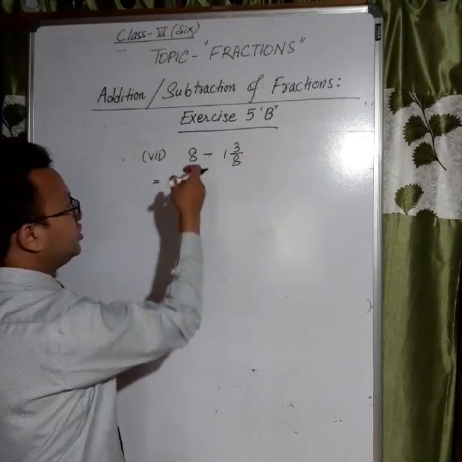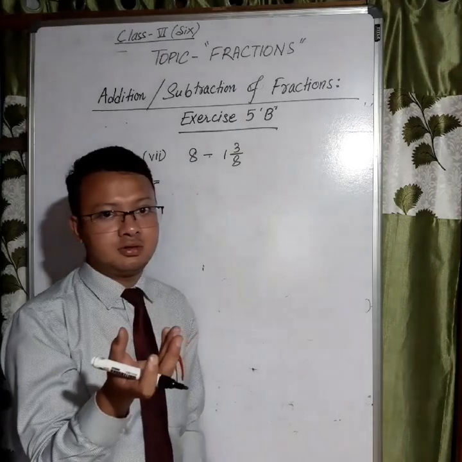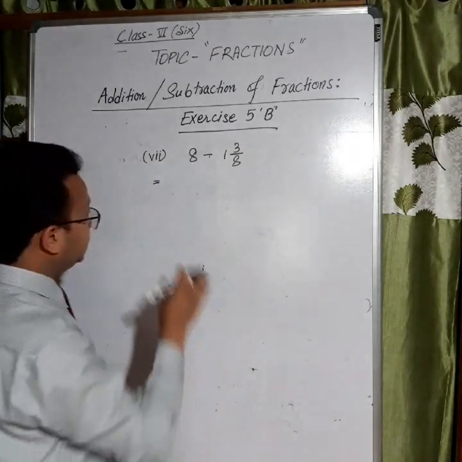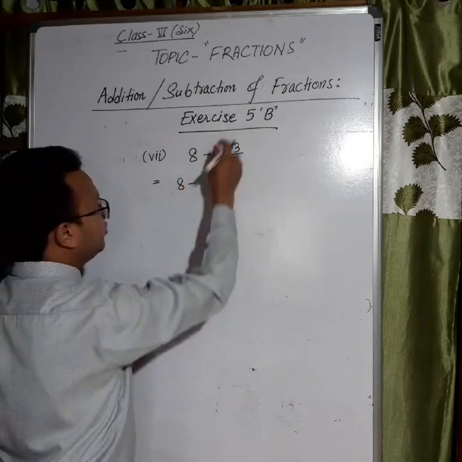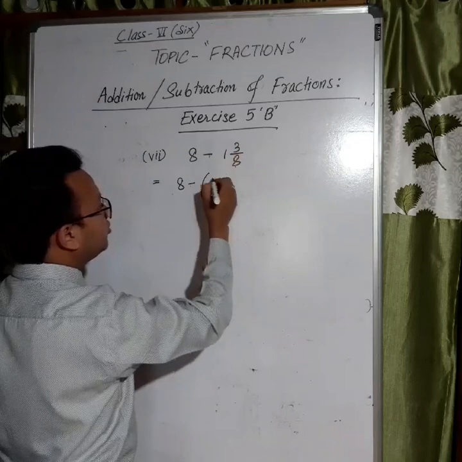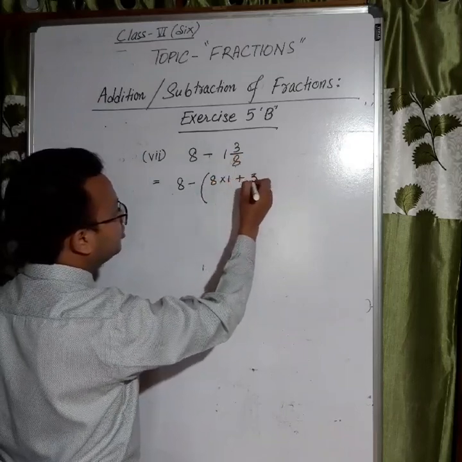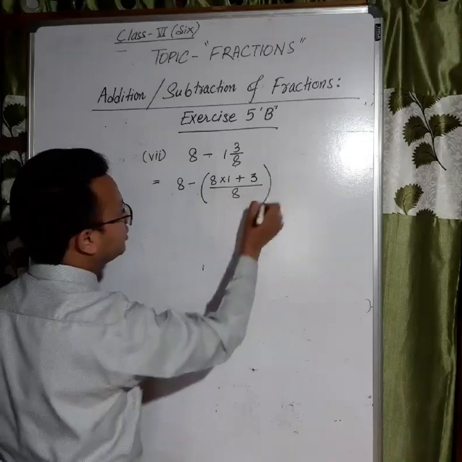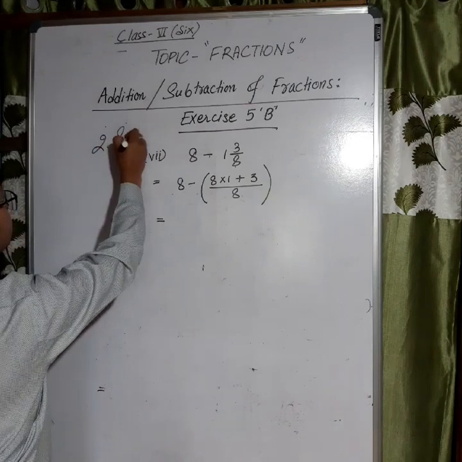This 8. So what is the denominator here? You might say it's 0. 0 is not the answer. Alright. So let's see. 8 minus, we'll convert this first. So how do we convert? 8 multiplied with 1, add it with 3 divided by 8. This is number 2. Alright. This is subtraction.